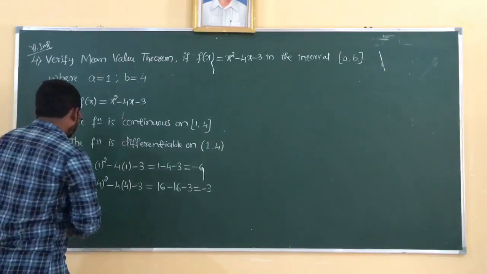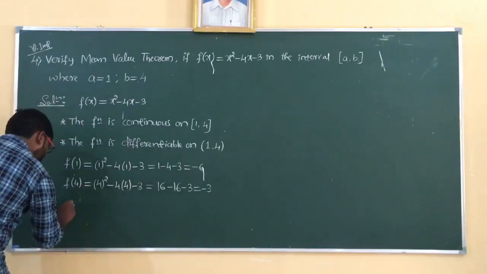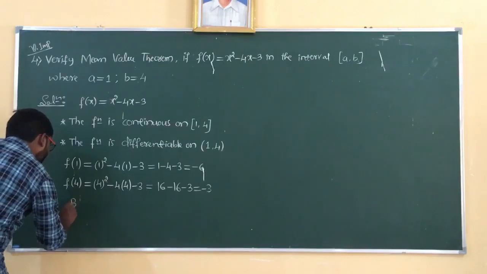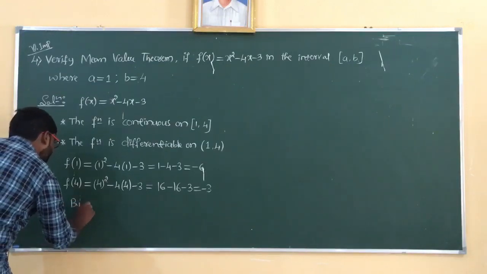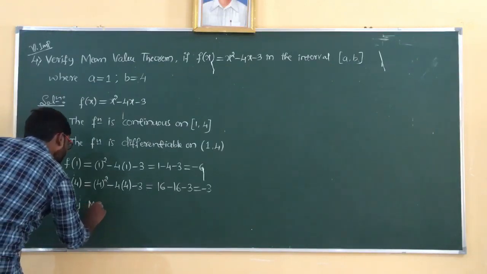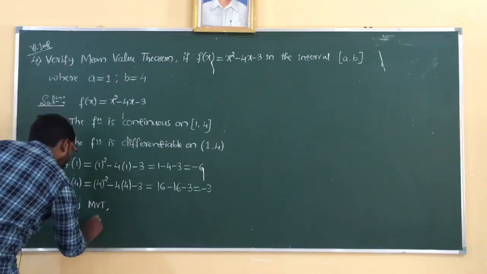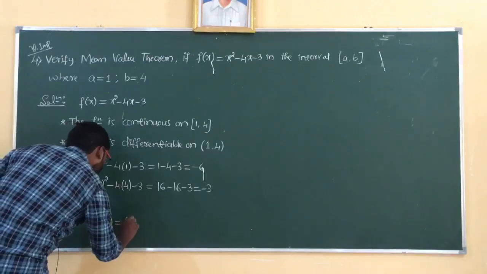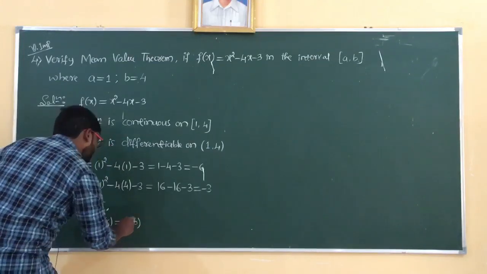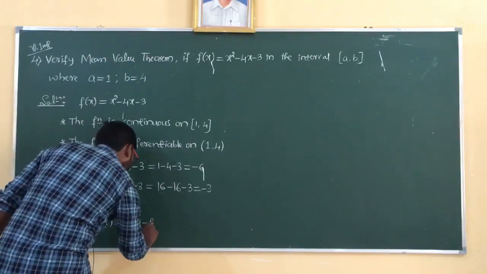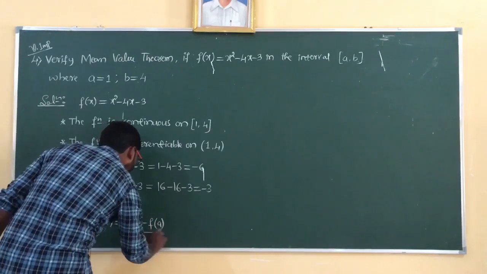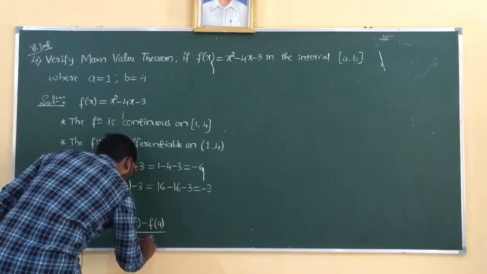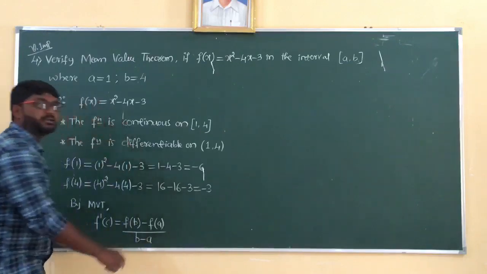Next we have to go for f dash of x, or else by mean value theorem, by MVT, f dash of c is equal to f of b minus f of a divided by b minus a.